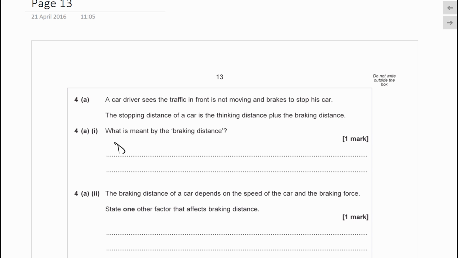So it's the distance travelled after brakes applied until the car stops. And that is the braking distance.